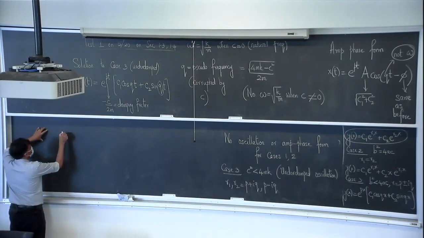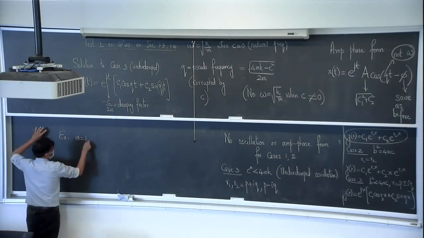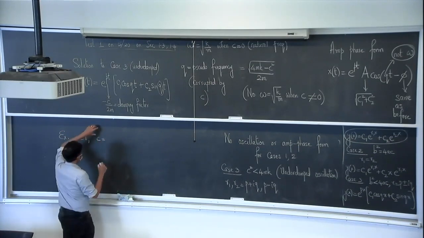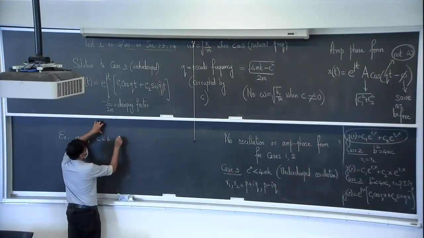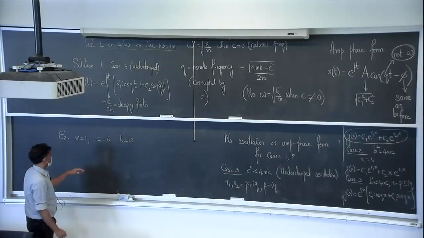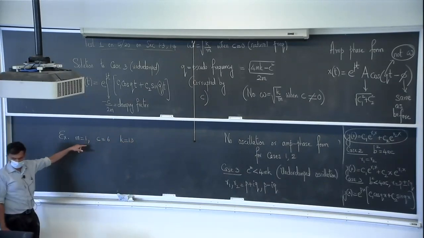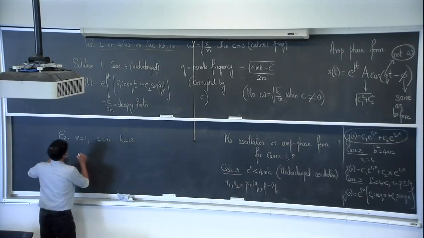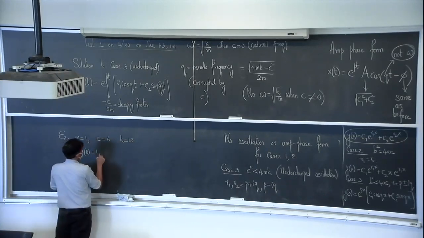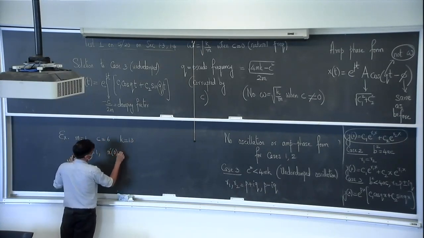All right, so then let's do this example. Consider a system with m equal to 1, C equal to 6 and k equal to 13. Just trying to make up some nice numbers here. These are the same numbers we used in one of our examples yesterday, so sorry for the repetition. And let x of 0 equal to 1, x prime of 0 equal to -1.